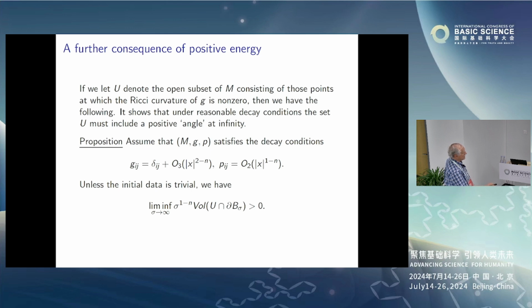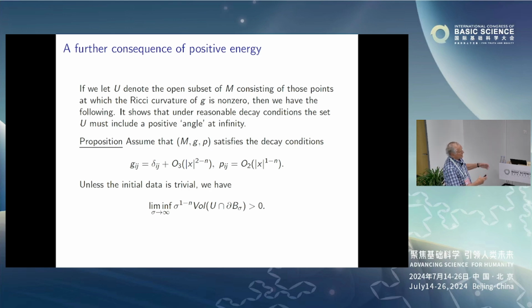The claim is that, assuming Newtonian fall off, so this is 2 minus n, and if you assume weaker fall off, then you'll get a weaker result, but I'm just going to look at the Newtonian case here, then the set U, where the Ricci curvature is non-zero, has to be relatively large near infinity.